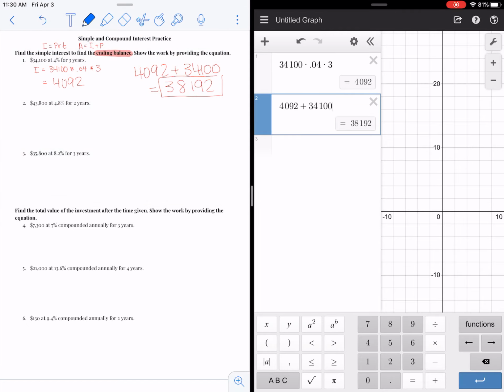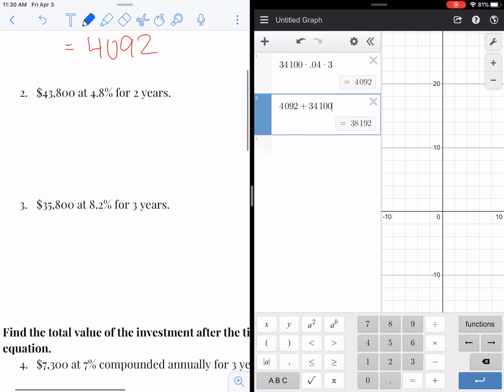Number 2, it says $43,800 at 4.8% for 2 years. So again, I know that it's going to be I equals 43,800 times 0.048 times 2. So that would give us our simple interest.